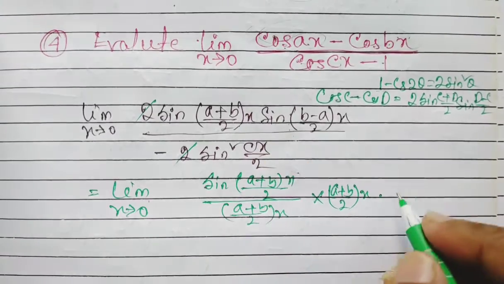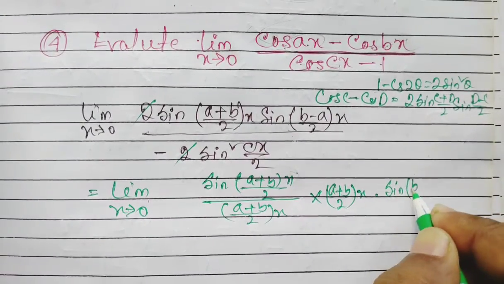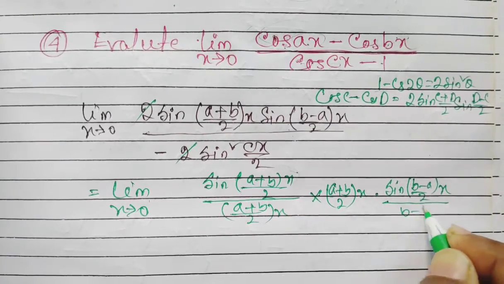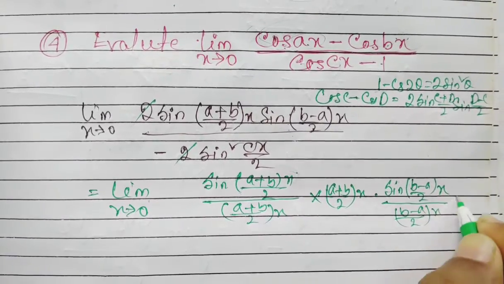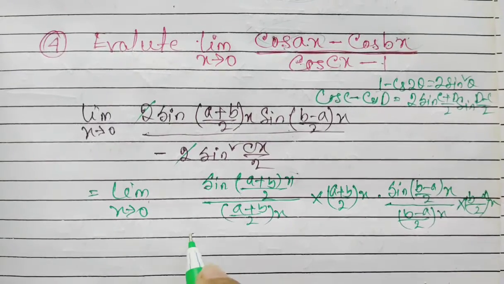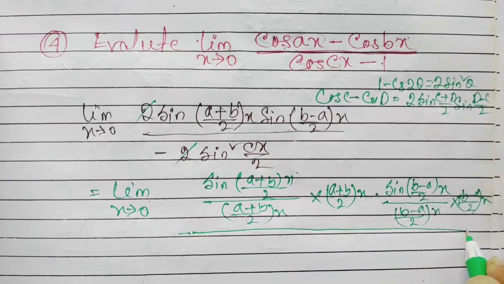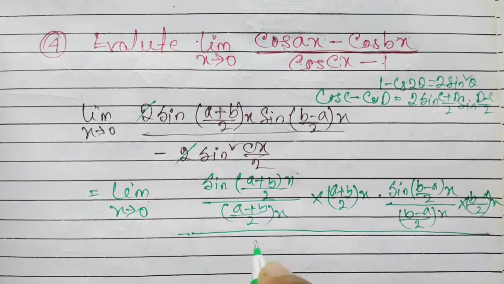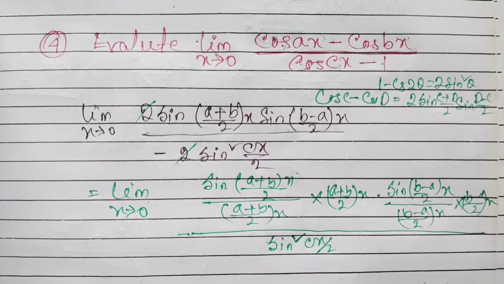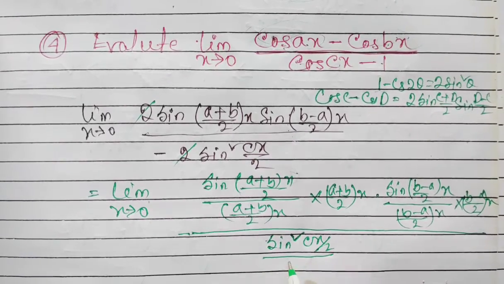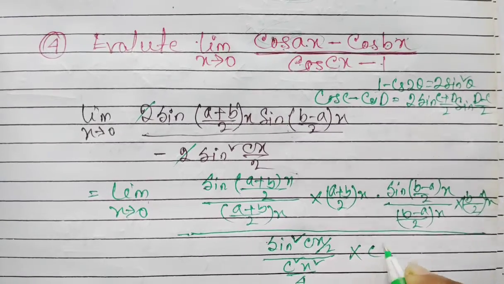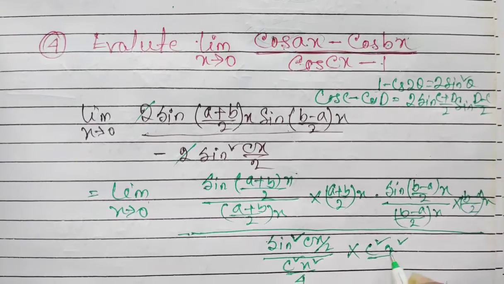Again here sin (b minus a)x by 2, so divide by (b minus a) by 2 into x, and again write here (b minus a) by 2 into x. In the denominator sin square cx by 2, so there is a square function, so we have to divide by c square x square by 4, so again we have to multiply here c square x square by 4.